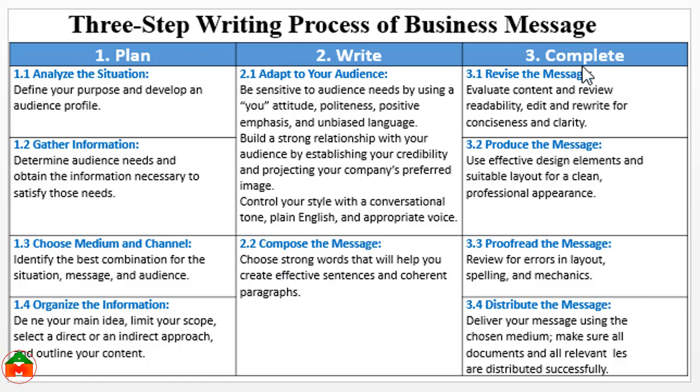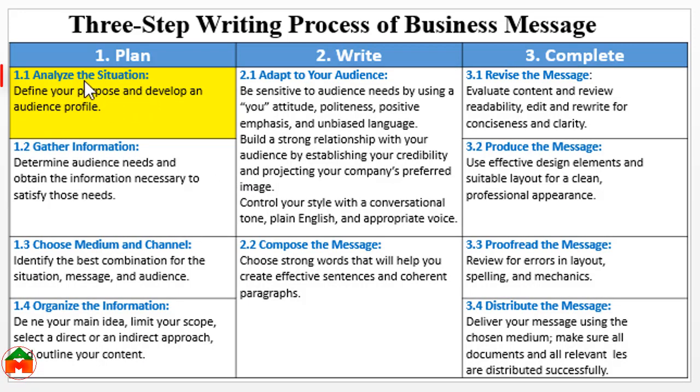Then for the effective, efficient completing of business message, you have to revise the message, produce the message, proofread the message, distribute the message. So these are the activities under the planning, writing, and completing for the effective and efficient written communication. Let's see the details of these activities.